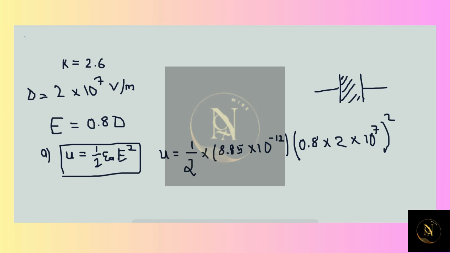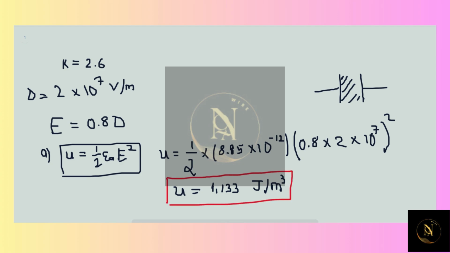And if you calculate the value, the energy density comes out to be 1133. Since it's energy density, it's joule per meter cube. This is the answer for the first part of the problem. So energy density is 1133 joule per meter cube.